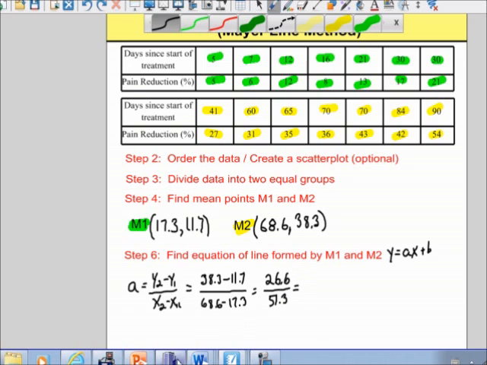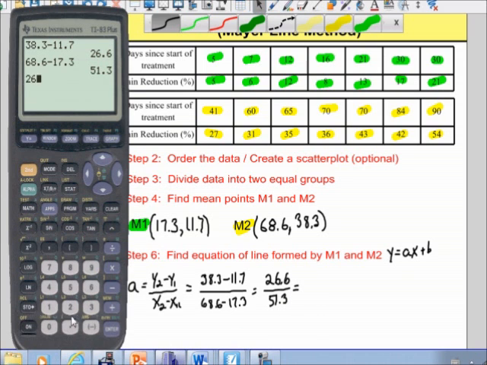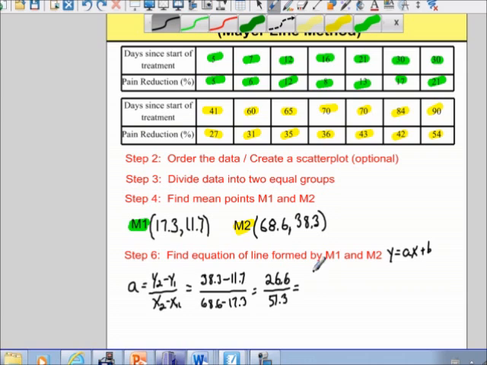And now we divide them. So 26.6 divided by 51.3. And once again, it gives us this very long repeating decimal. I'm just going to go to 2 decimals, so 0.52. And again, to go too precise with it doesn't really make sense because we know it's not going to be a perfect prediction anyway. So our value of A is 0.52.